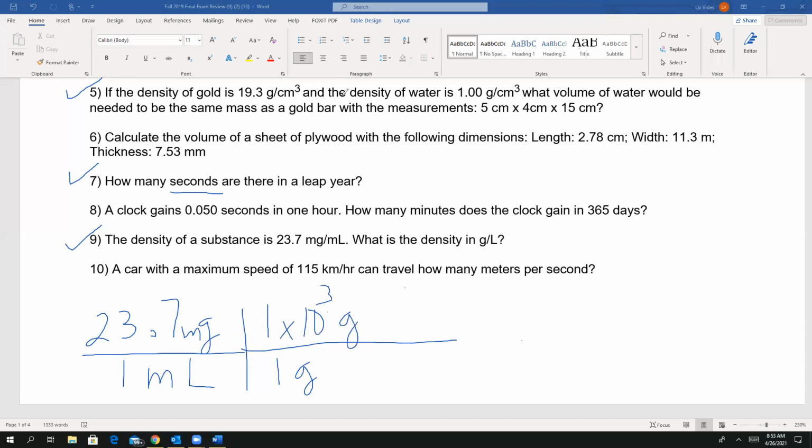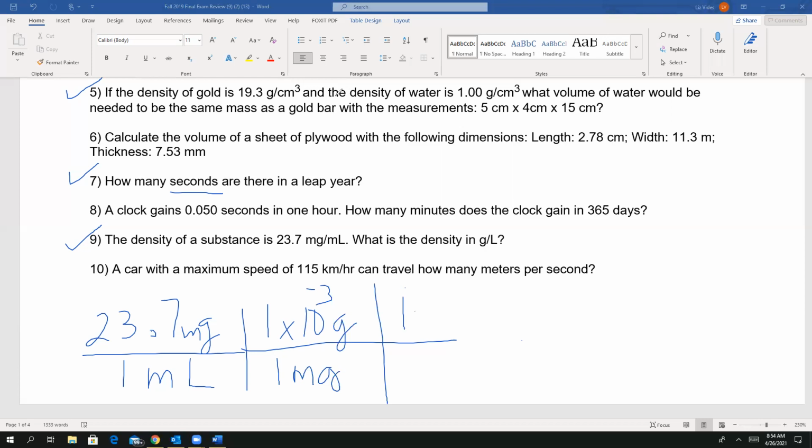Okay, right? So that's done. That has now changed to grams, right? Except this is backwards because the milligrams has to be on the bottom. That's why I said I don't know what I've done, because that was backwards. Now we need to flip it. When we flip it, 1 milligram is equal to 10 to the negative 3 grams, right?